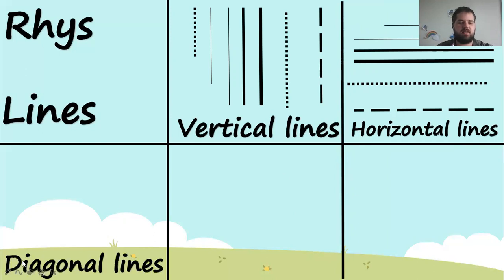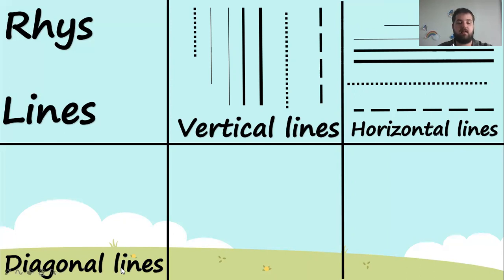Our next one is diagonal lines. Let's spell it. D-I-A-G-O-N-A-L, diagonal lines.